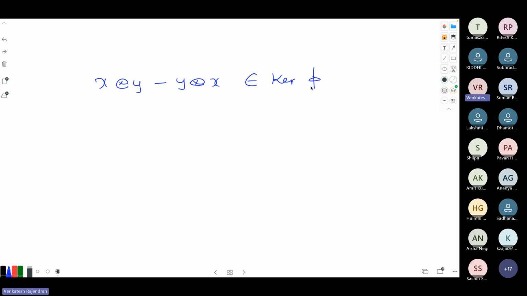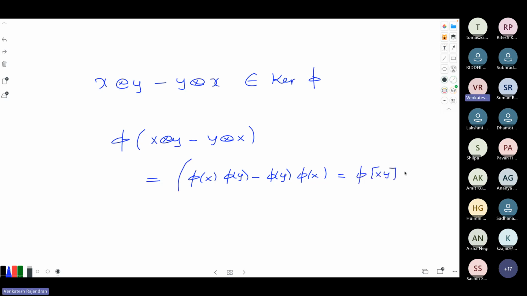That is because when you look at the images of these two inside the universal enveloping algebra, you can easily see it. Let's look at the image of X tensor Y minus Y tensor X, which becomes pi of X, pi of Y minus pi of Y, pi of X. Inside the universal enveloping algebra, this is exactly pi of xy, the bracket.